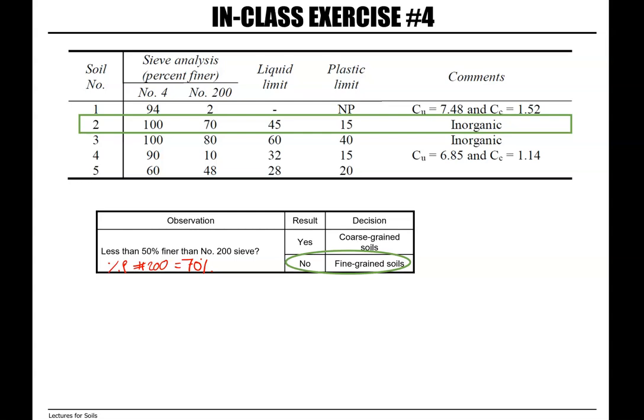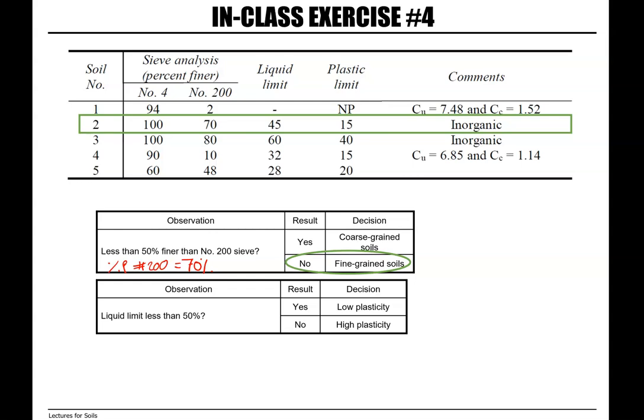When we have a fine-grained soil, what is important for us is the plasticity of material. And we need to look at liquid limit. Liquid limit is 45%. The question is, if liquid limit is less than 50%, the answer is yes, which means that we have fine-grained soil with low plasticity.